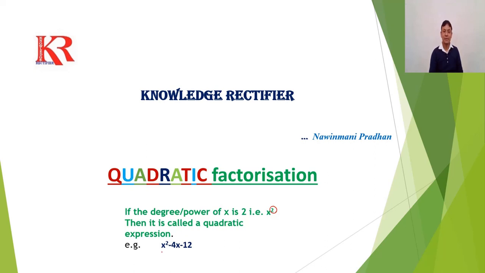For example, x square minus 4x minus 12. This is a quadratic expression because here the highest power of x, or the degree of x, is square. Okay, so in this video, we are going to learn how to factorize this type of quadratic expression.